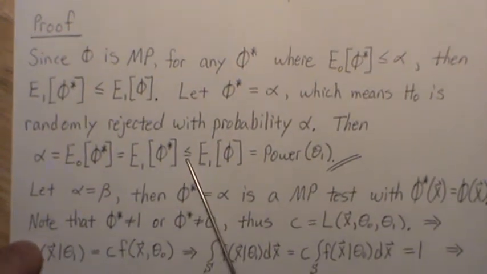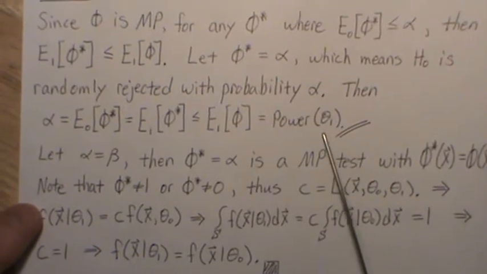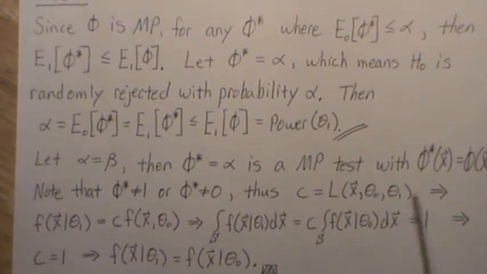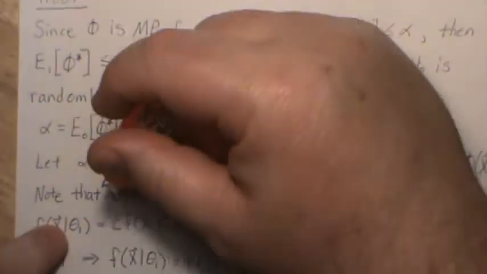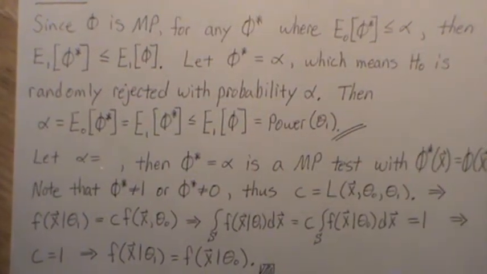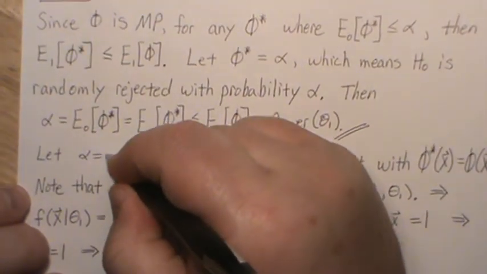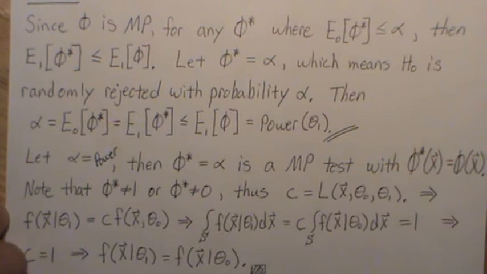Now, let's examine this equal to part. Oh, I put beta there. That should be power, or 1 minus beta. Let's assume that alpha is equal to power.